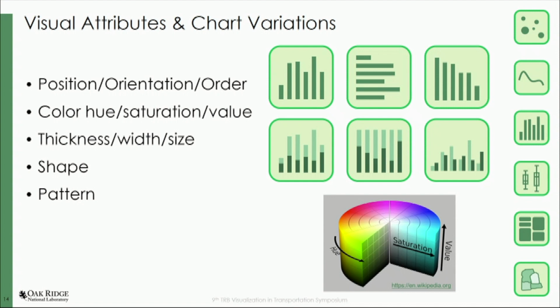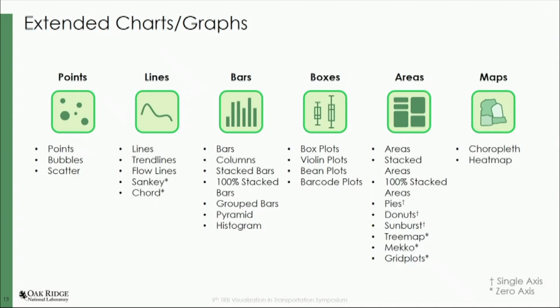It could be the pattern of the fill of the bars, whether or not it's solid fill, whether or not it's shaded in what format. So based on those attributes, these fundamental charts become a full list of a lot of different charts. But the idea is for users to have those fundamental charts and then work on the attributes to come up with the final results that they want to tell their stories.